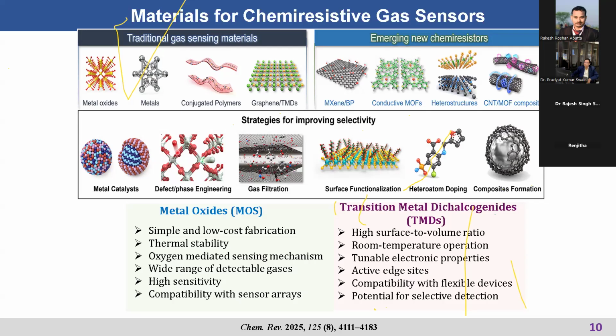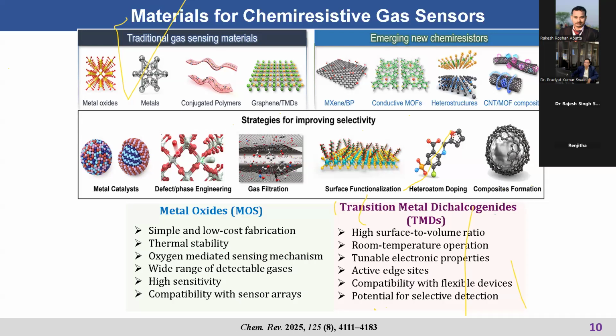We improve the sensor response by the catalytic effect, by decorating the sensor surfaces. But essentially, conceptually, modifying the electronic definition layers and the surfaces is what plays a major role. Okay, sir. Thank you, sir.